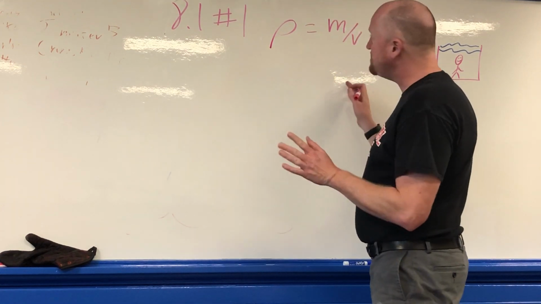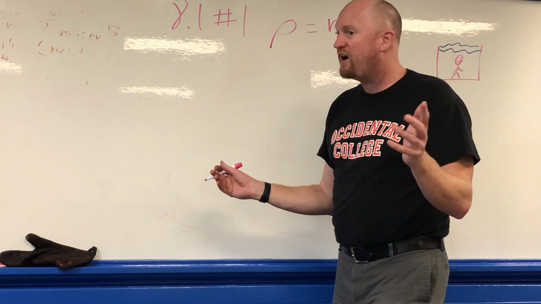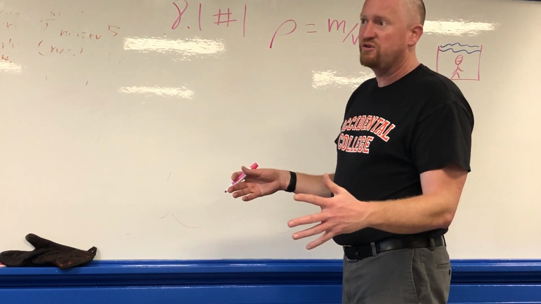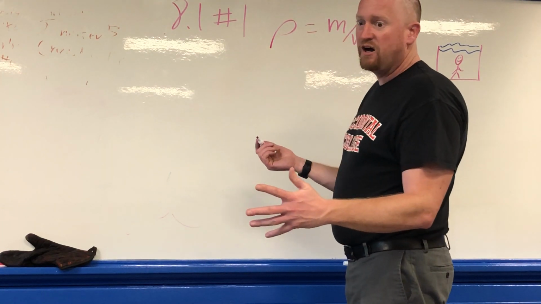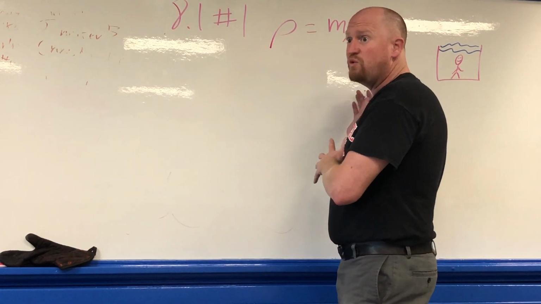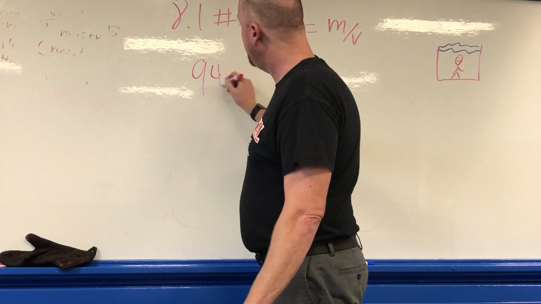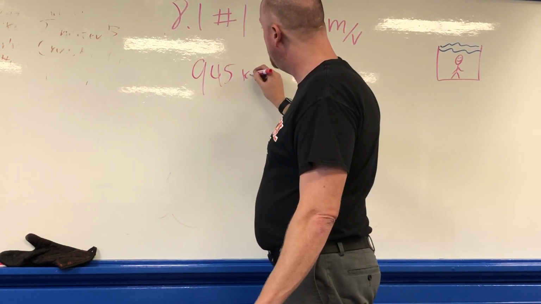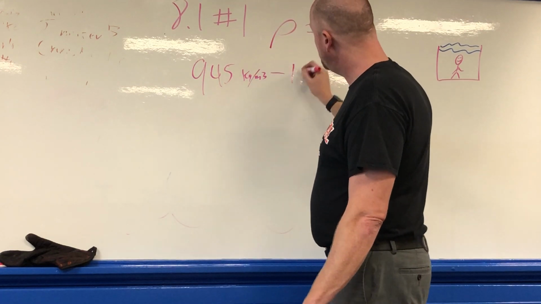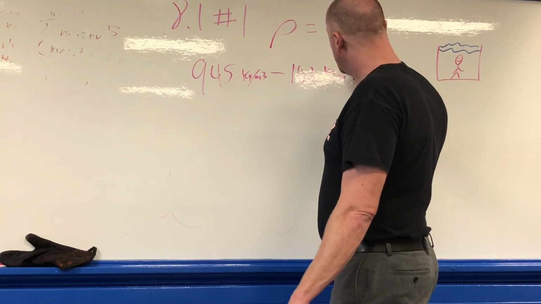The average density of a human body is between 945 kilograms per meter cubed, if you're really obese, to 1,020 kilograms per meter cubed.